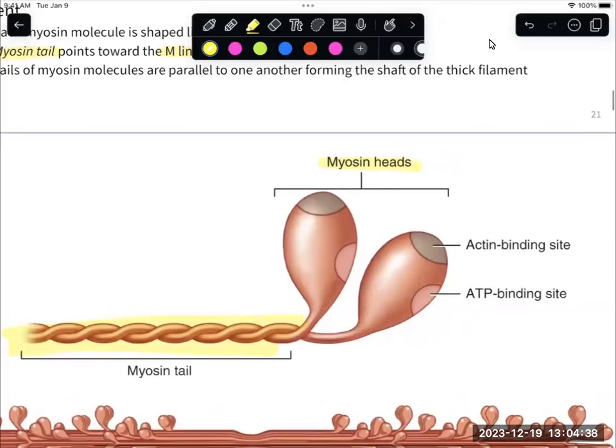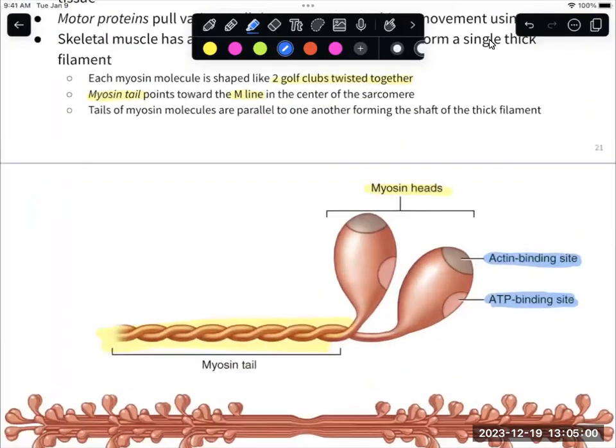On the myosin, let's look at this quick. We have this actin binding site. So this is where myosin will attach to that actin. We also have an ATP binding site. Muscles need energy to contract.